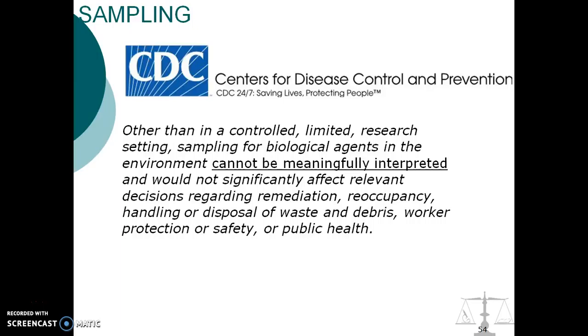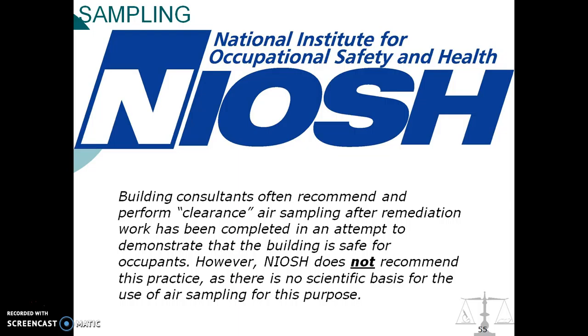U.S. Centers for Disease Control says, other than in a controlled, limited research setting, the sampling for biological agents in the environment cannot be meaningfully interpreted and would not significantly affect relevant decisions regarding remediation, reoccupancy, handling or disposal of waste and debris, work protection, or public safety. In other words, even if you have these numbers, they're meaningless.